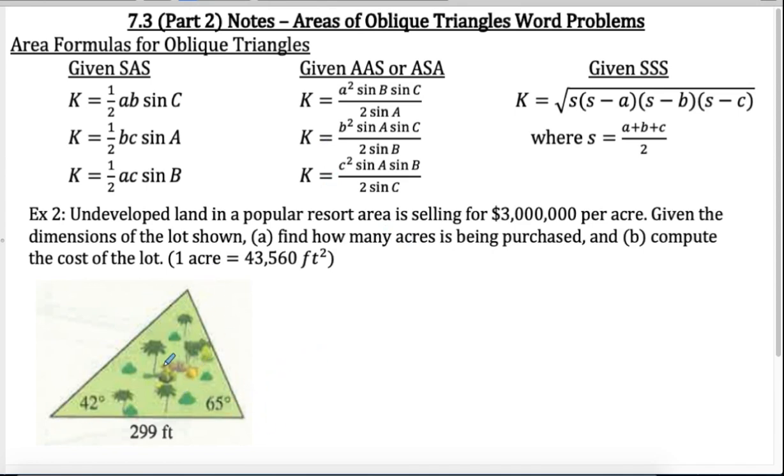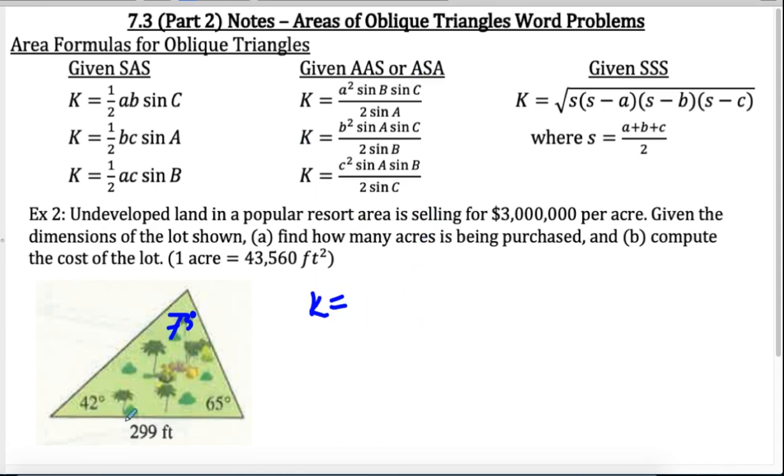So let's find the area first in square feet of this triangle. If I'm given two angles and a side, right, I would need to first find the third angle. So if I take 180 minus 42 minus 65, I think that we get this angle would be 73 degrees. All right, so then I'm going to use this formula.